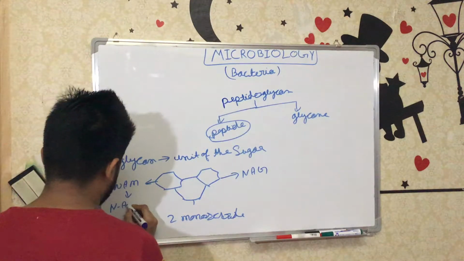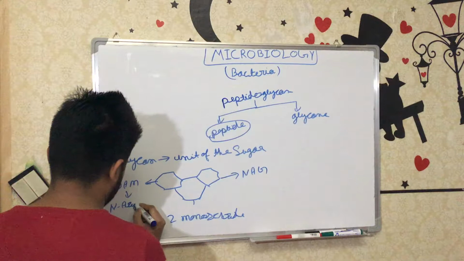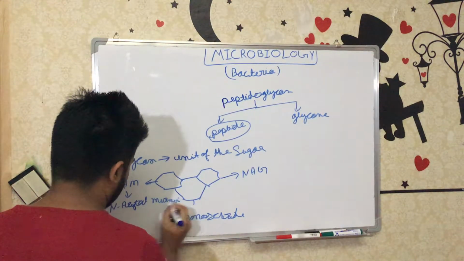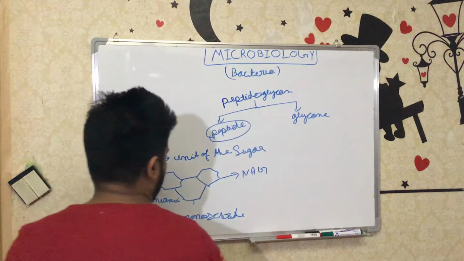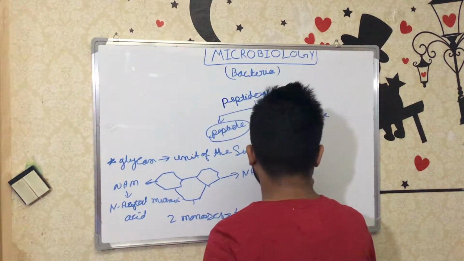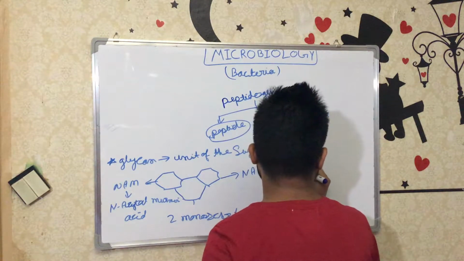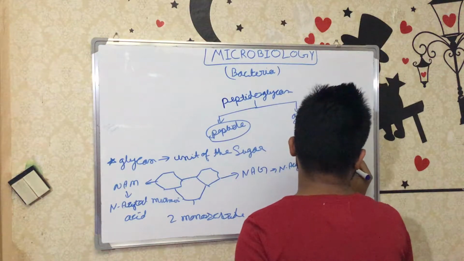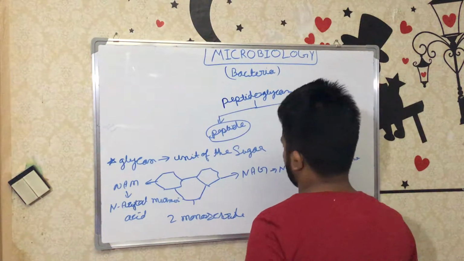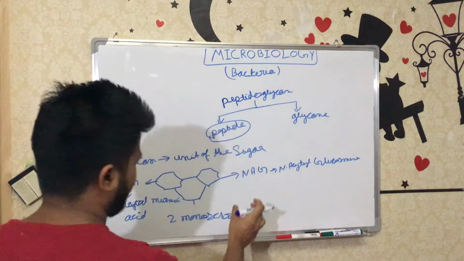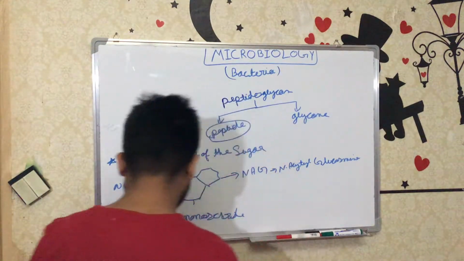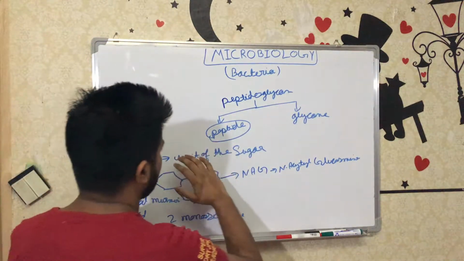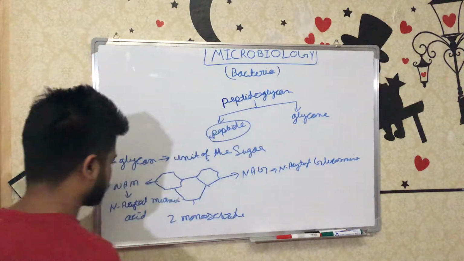NAM is N-acetyl muramic acid, and NAG is N-acetyl glucosamine. So N-acetyl muramic acid and N-acetyl glucosamine, these two components make the glycan, which with the peptide finally makes the peptidoglycan.